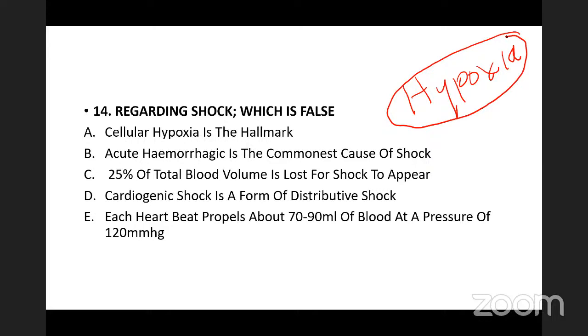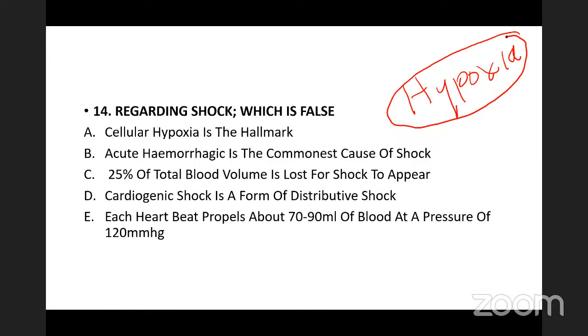Now, acute hemorrhage is the commonest cause of shock. That is correct. Bleeding, hypovolemic shock. You should remember, there are two types of hypovolemic shock: the hemorrhagic and the non-hemorrhagic.